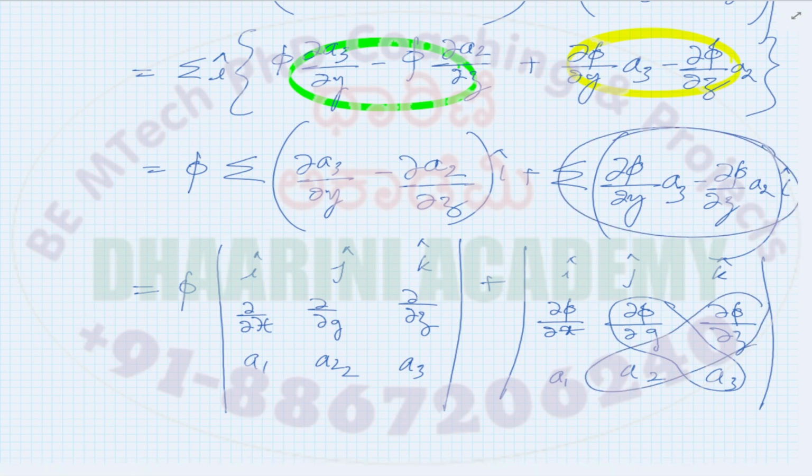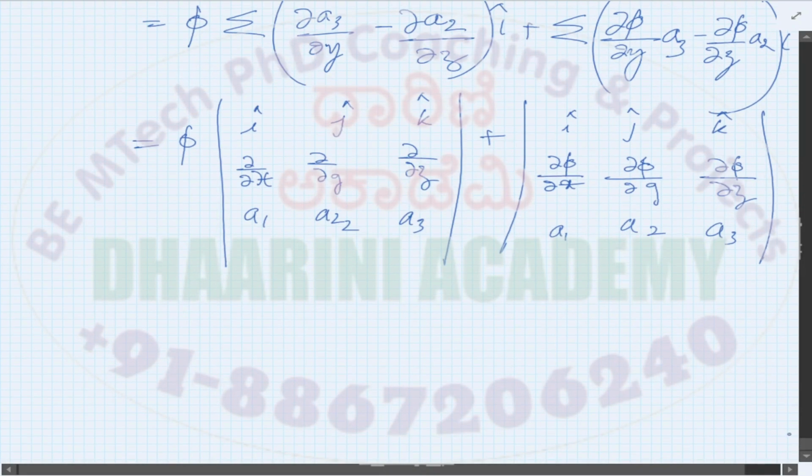It means I can definitely write the given term in the form of a determinant, which is nothing but a curl operator. So I can write this as follows. Therefore, this is equal to, so this is phi. So the first term is phi, definitely, because I can see that there is a phi outside.